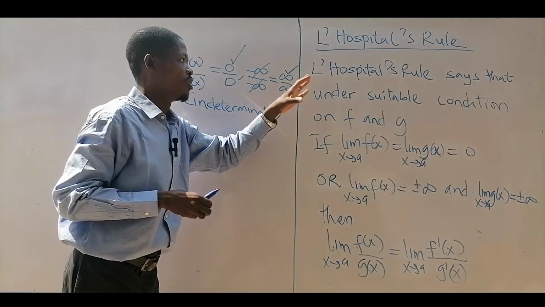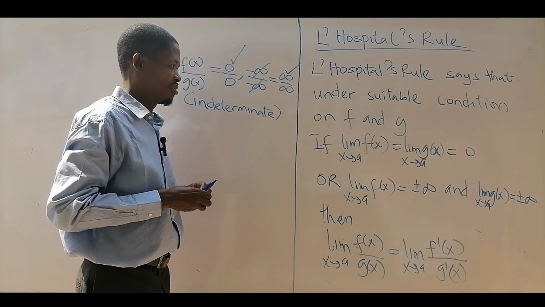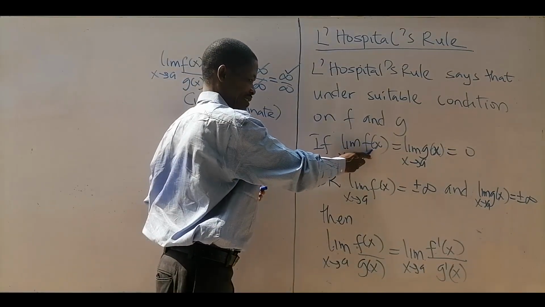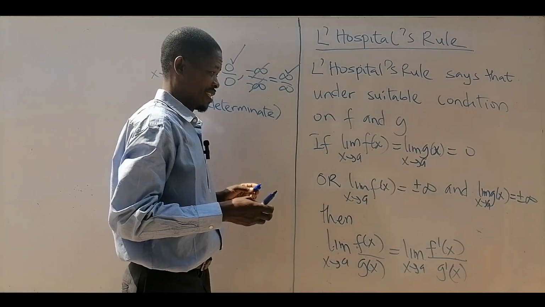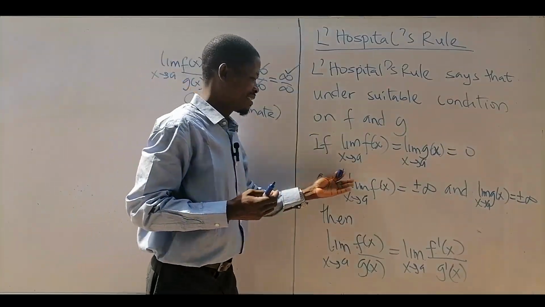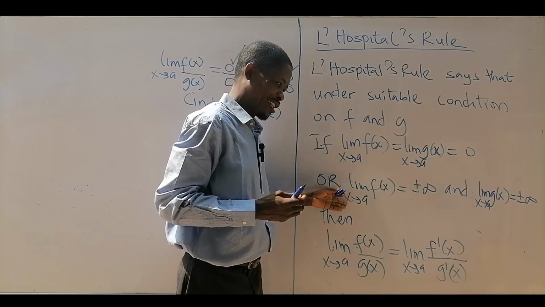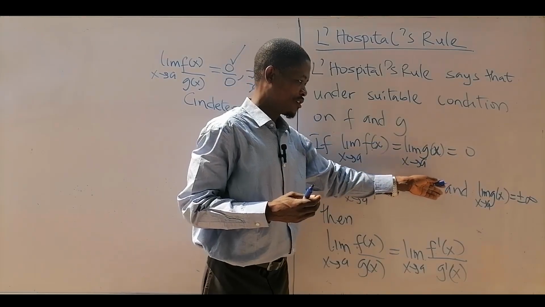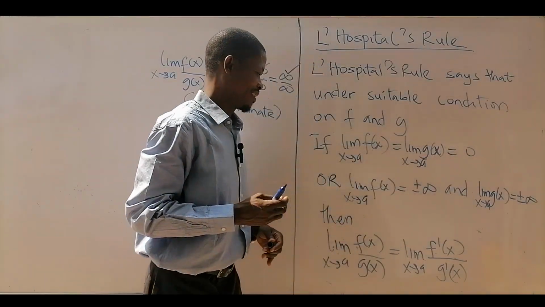And that's why we say that L'Hopital rule says that under suitable conditions on f and g, if limits of f of x equal to limits of g of x as x tends to a, and the value is 0, or limits of f of x as x tends to a is equal to plus or minus infinity, and limits of g of x as x tends to a equal to plus or minus infinity.